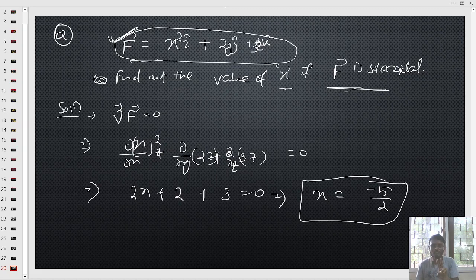This is all about your divergence. The questions will come in two varieties. Either the question will ask you to find the divergence in different coordinate systems, which is what most of the time is asked in JAM and other BSc level exams. It also asks if F is solenoidal, find the value of a, x or y, this type of constant.